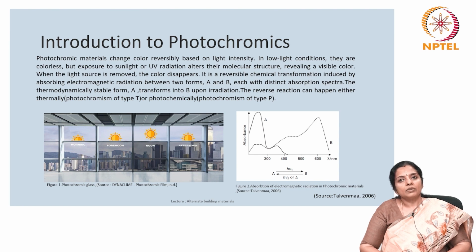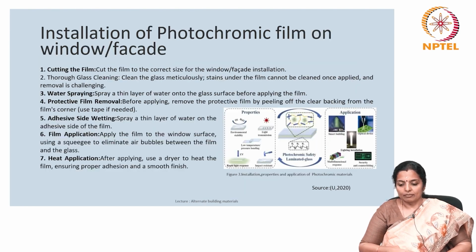This reversible transformation, either through heat or light, is like a science trick happening at the molecular level. So, photochromics are like color changing wizards, bringing a touch of magic to material.